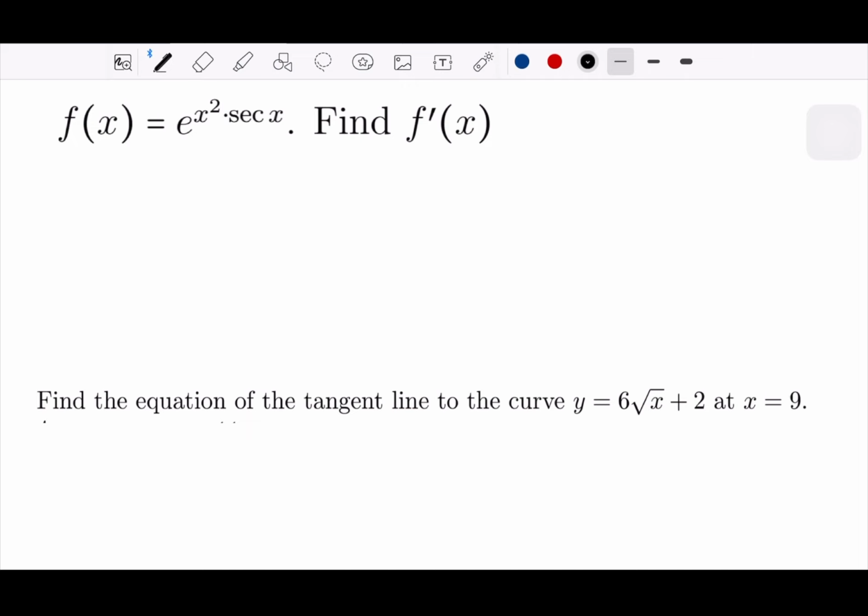The first one, x squared secant x. Yes, it's part of it.